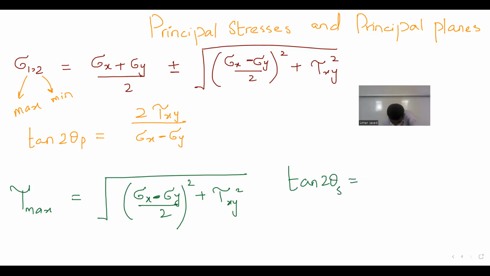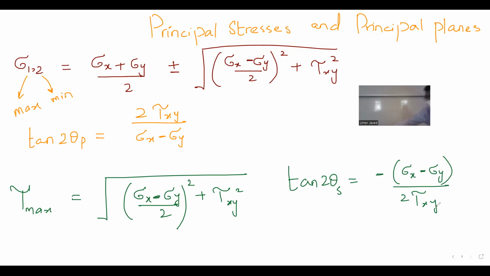Again, formulas I always give in the exam, as you know. What is the meaning of these? Number 1, principal stresses means maximum and minimum normal stresses; 1 means max, 2 means min.